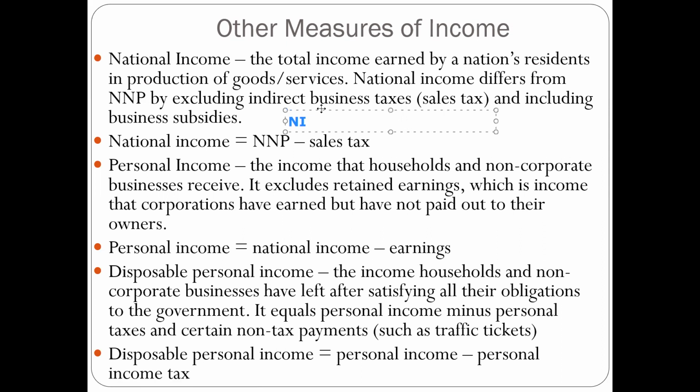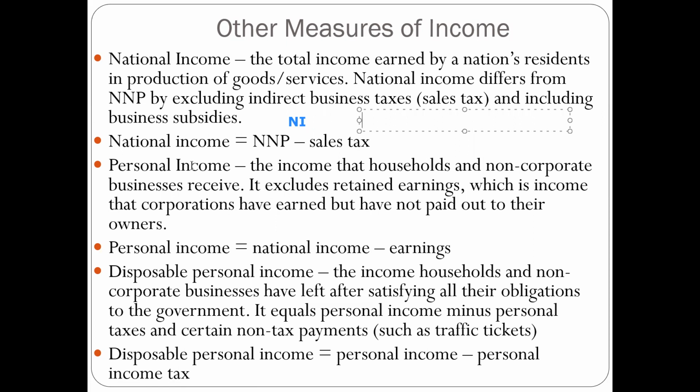We have a difference between national income and the net national product. If we exclude the indirect business taxes and include the business subsidies, this means that we have national income. So national income is net national product minus the sales taxes. So here we exclude the taxes and we include the subsidies if we have subsidies.